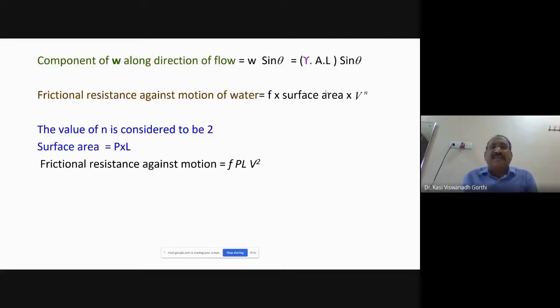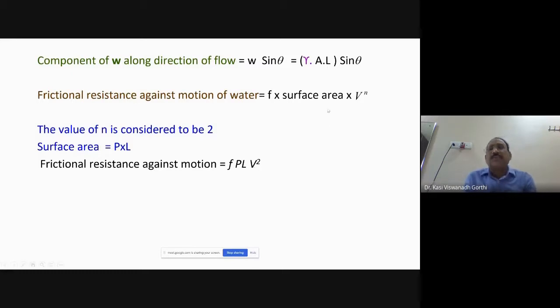If P is the wetted perimeter and L is the length, the total surface area will become P into L, and hence the frictional resistance will be F into P into L into V square. So we have now identified and quantified two major forces acting on the control volume. One major force is the component of the self weight of water along the direction of flow, and the second is the frictional resistance which is opposing the motion.